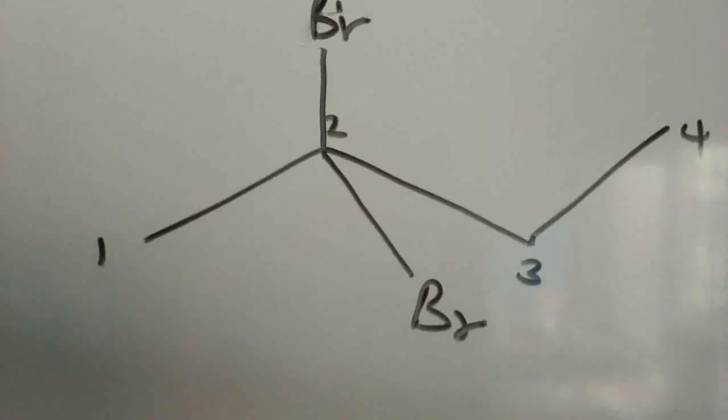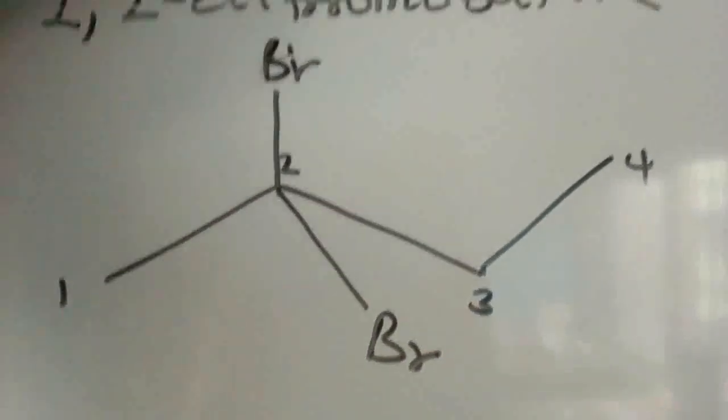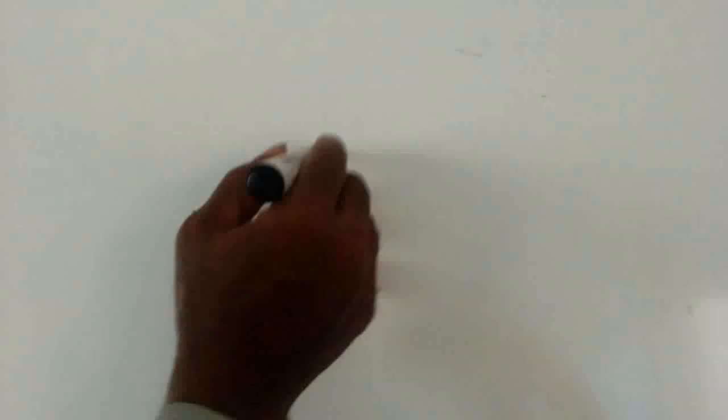So having done that, we are now moving to alkanols, namely the monohydric alkanols. How to draw the skeletal formula of monohydric alkanols. For example, let's look at this on the board.